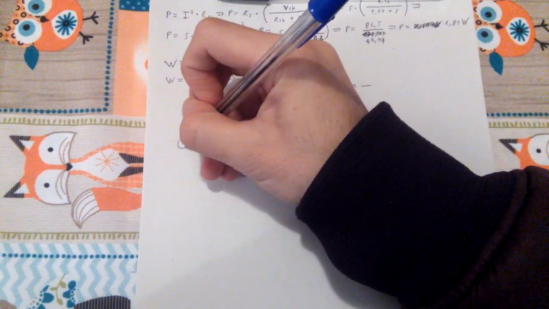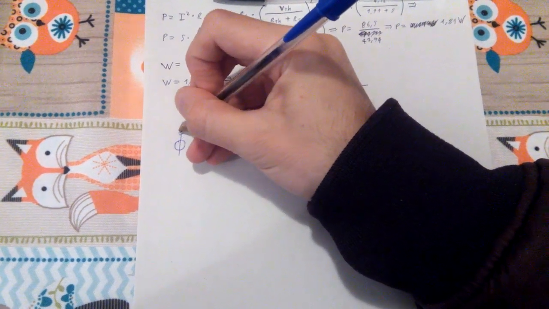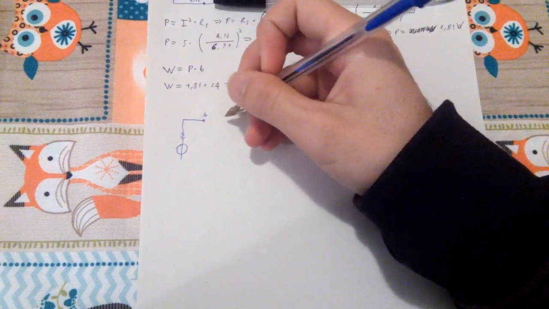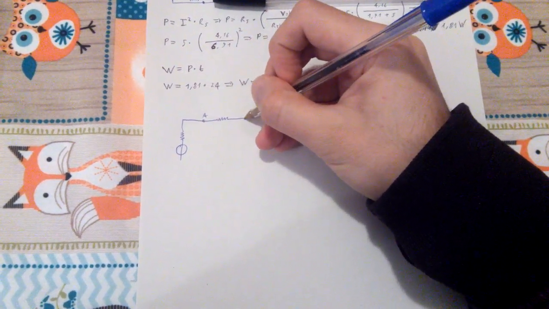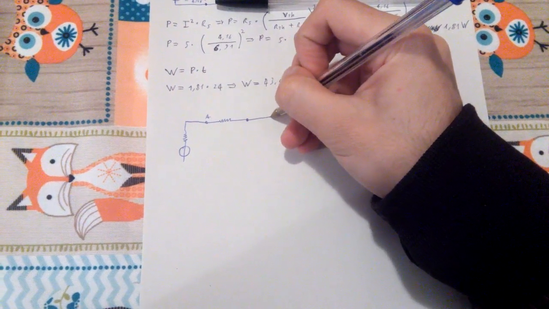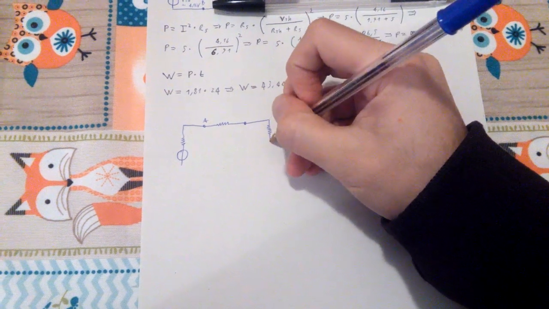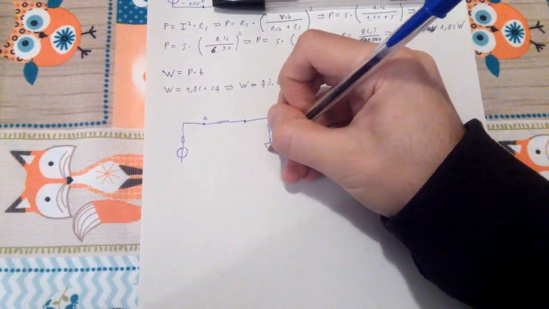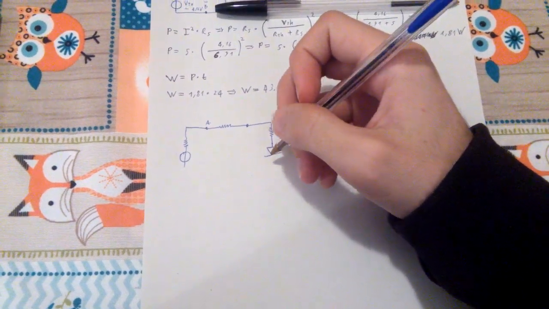We're going to have a voltage source, a resistance, and this one is going to be our point A, and we're going to have another resistance here and another resistance here, and then a diode polarized in this direction, like so.